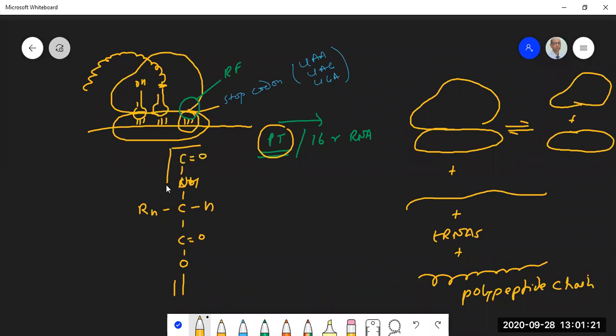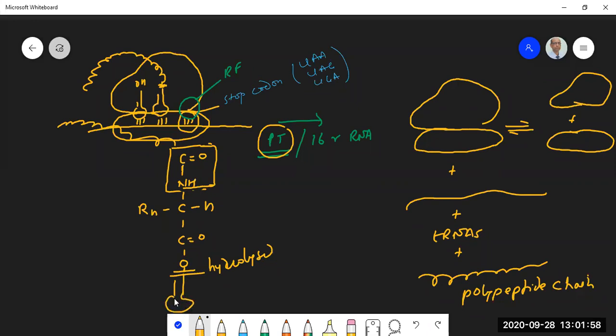This is the last peptide bond, and then you have the rest of the polypeptide chain here like this. Okay, so this bond is broken. This bond is hydrolyzed by the peptidyl transferase with an altered specificity.